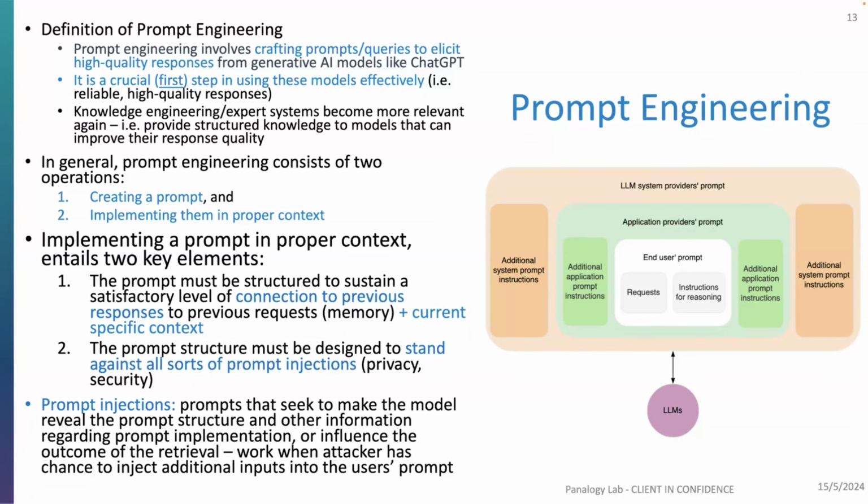In general, prompt engineering involves creating the prompt, but also executing it within proper context. So if I just say, what are the key risks of using Gen AI in engineering, versus what are the key risks of Gen AI in designing an electrical plant? A bit more context is going to actually get me what I need in my specific domain. So it's about implementing in proper context, in terms of the context that I want the answer to be responded in.